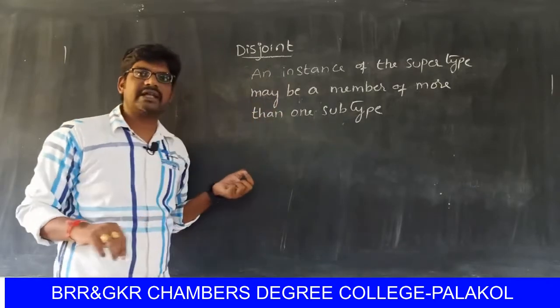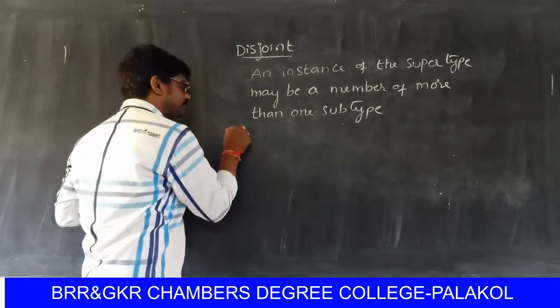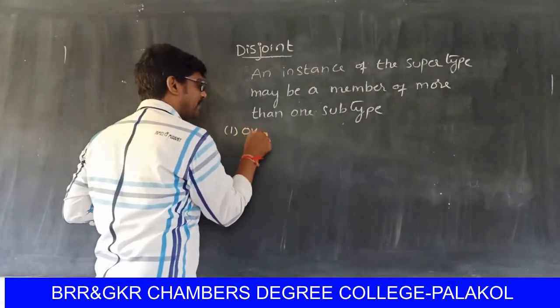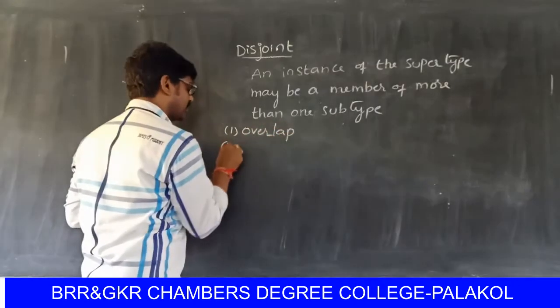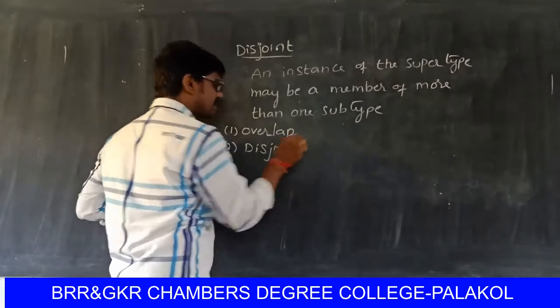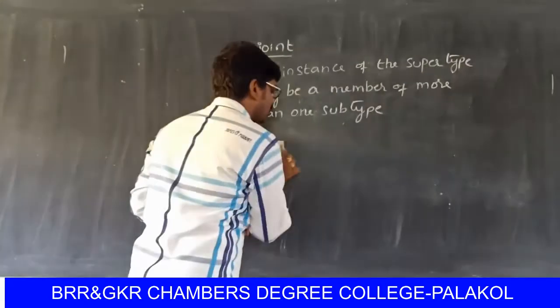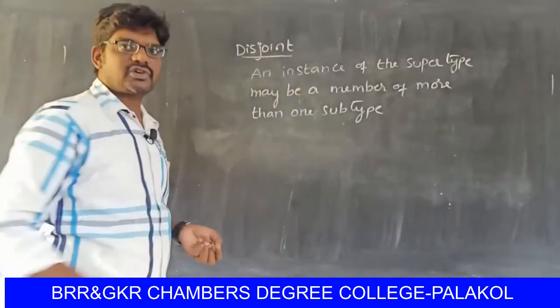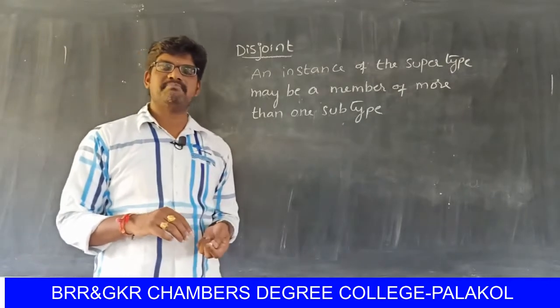Here, the disjoint constraint can be classified into two types: one is overlap, and the next one is disjoint. Let us know what is disjoint and what is overlap. What is disjoint?